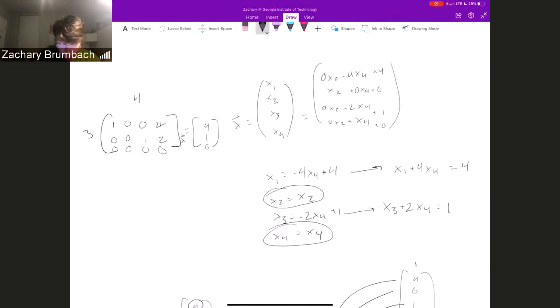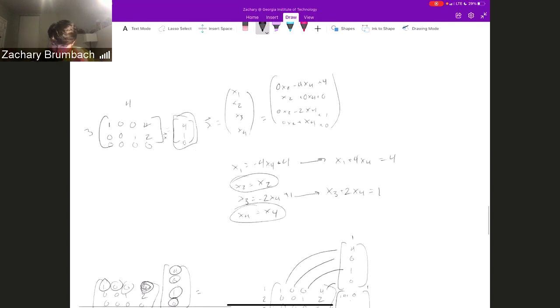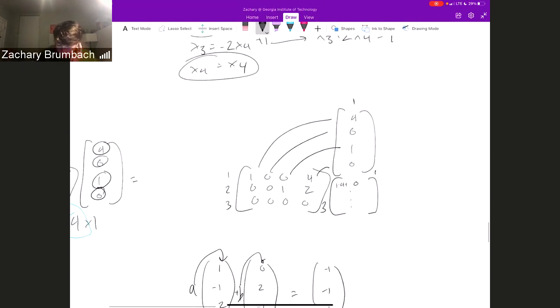Equals B. Well, we can find B with this augment. So this is our B, 4, 1, 0. If it yields that, yes. If it doesn't, no. I think it did, right? 4, 0, 0, 1, all zeros, 0. Yes, it does.